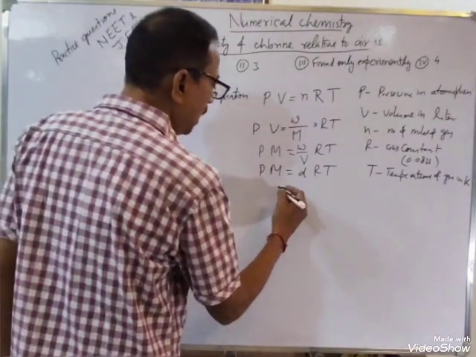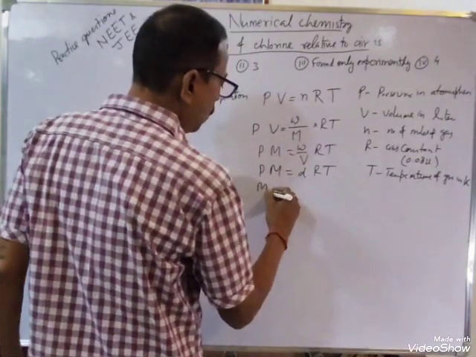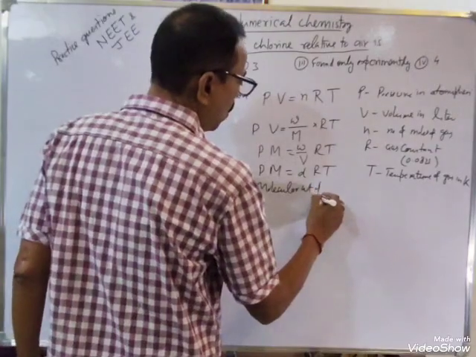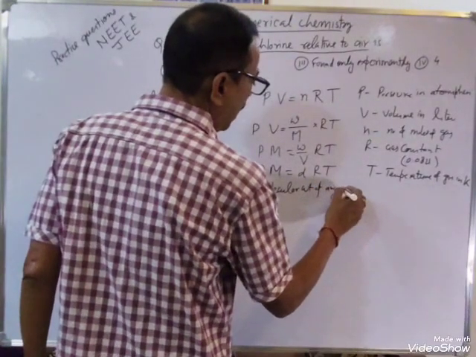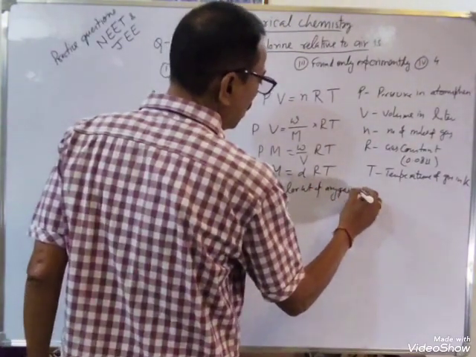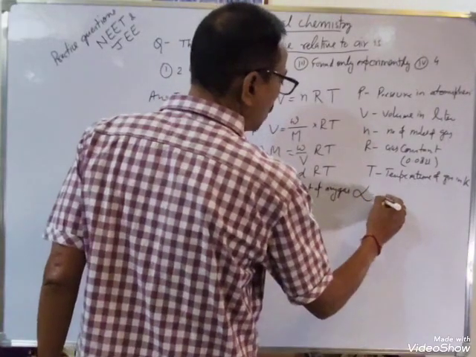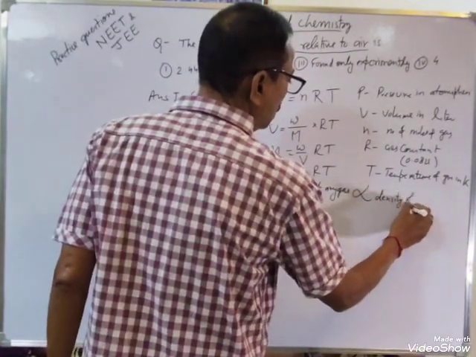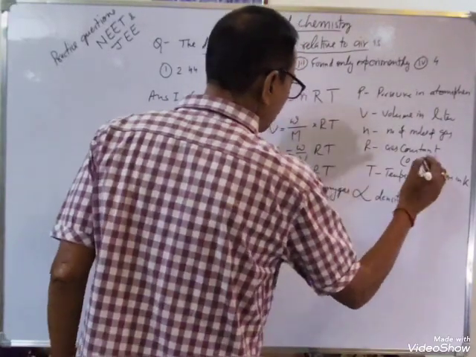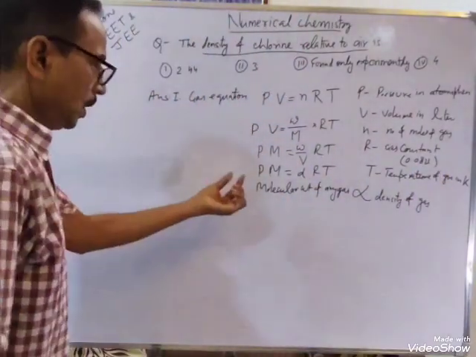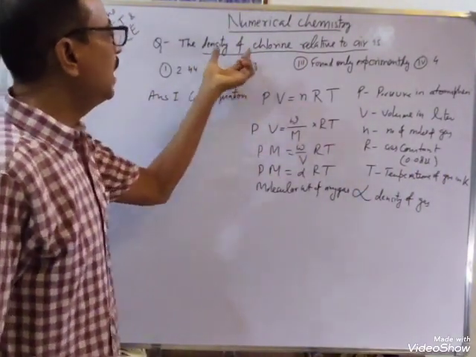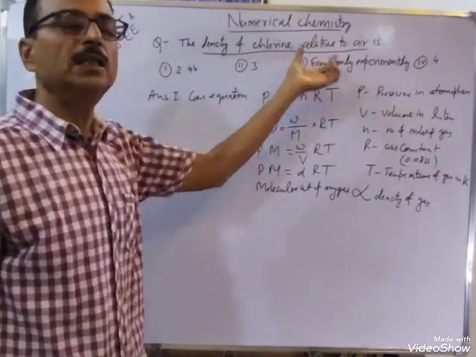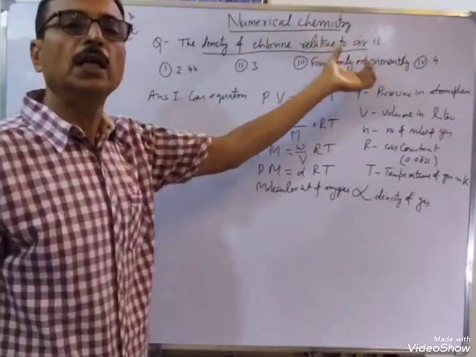Here it is clear that the molecular weight of any gas is directly proportional to the density of the gas. When we compare the density with respect to any other gas, we consider pressure and temperature in both cases to be the same.